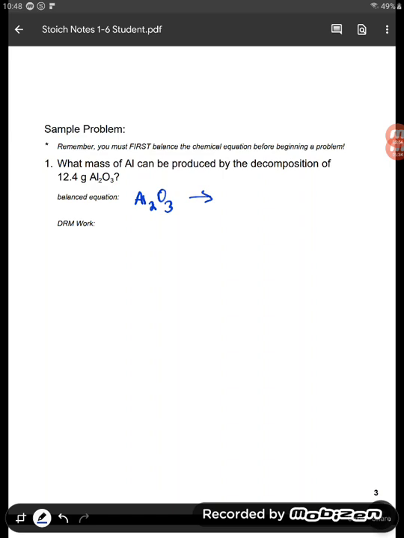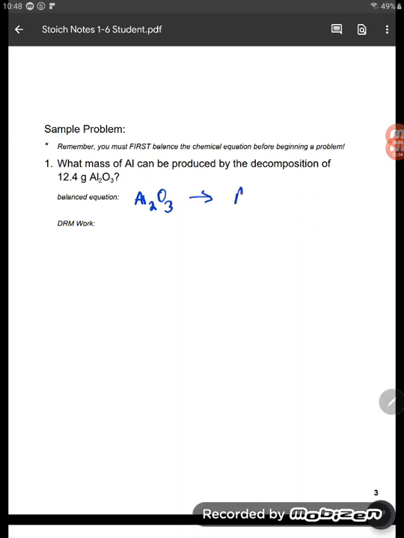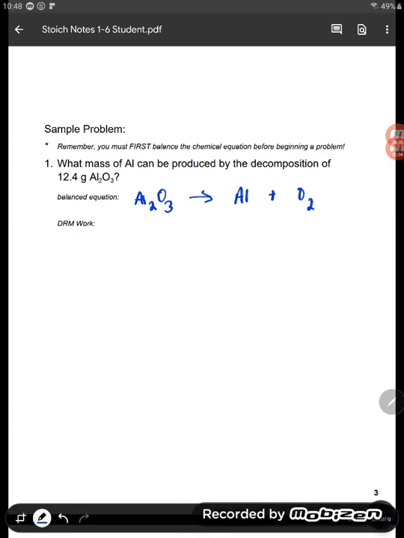So I know you're super happy about that. Al2O3 is a binary compound, meaning there's only two different elements that make up that compound, aluminum and oxygen. And so as we break up a binary compound, we take those two elements and split them apart.